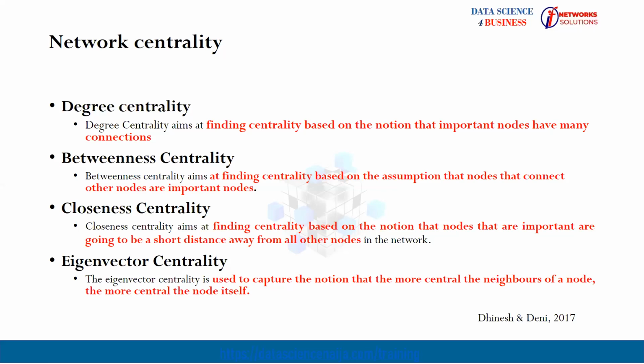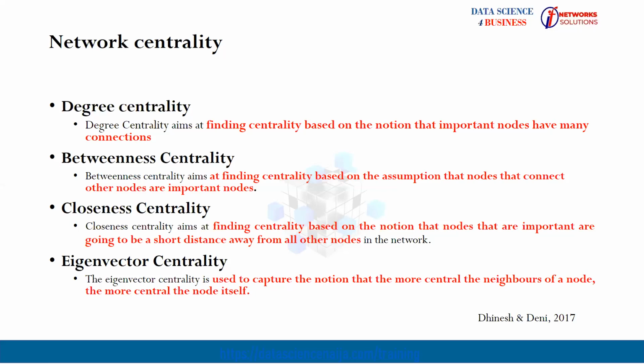Okay, so for the closeness centrality, formally they all have their formulas. That's why I put the reference there. The closeness centrality has to do with finding centrality based on the notion that nodes that are important are going to be a short distance away from other nodes. So if you are important, then you are a short distance away from other people.